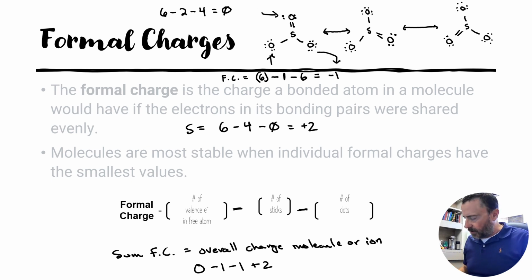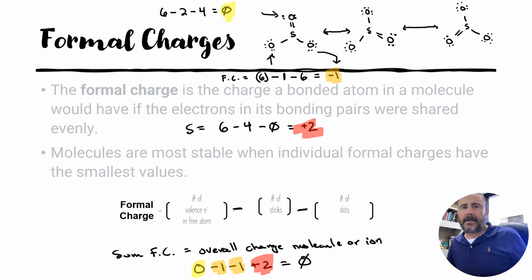If I'm taking all of those things together, there's a 0, there's a -1 from each one of those oxygens, and there was a +2. Right, all of those together add up to being 0.